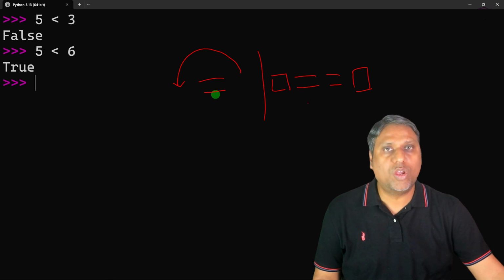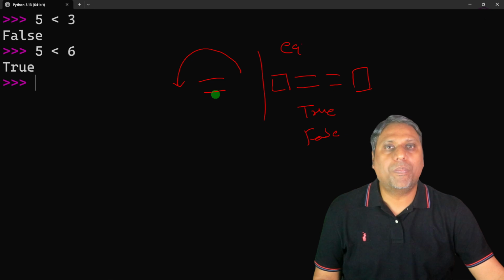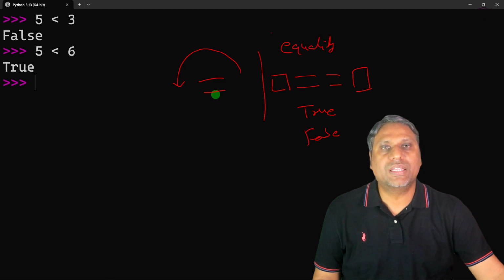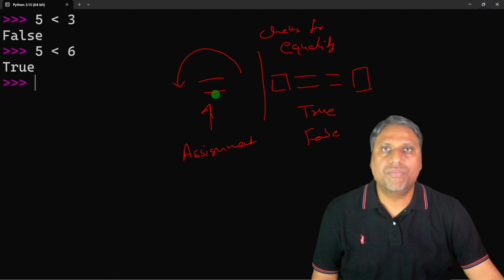If it is equal, then it will return true. Otherwise, it will return false. Perfect. So it is the equality operator. It checks for equality. While this is basically an assignment operator. Okay. And its role is to assign the right hand side value to the left hand side variable.